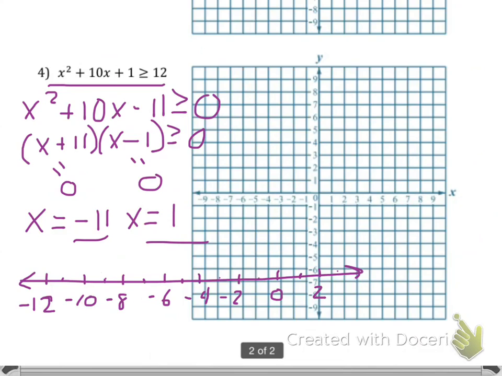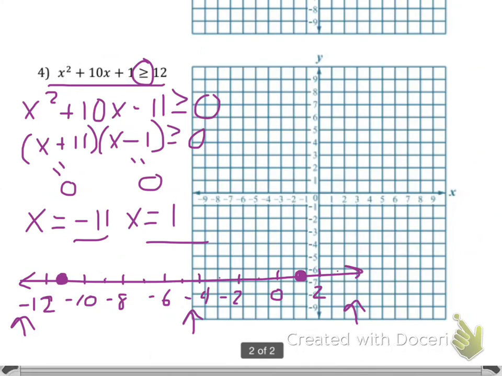Because it's a greater than or equal to, we want to put a closed dot at negative 11, and then a closed dot at positive 1, meaning we can include both of those numbers. Those are the numbers that solve this inequality. And then we need to figure out what other numbers solve the inequality. So we're going to pick a number in between these two numbers and then on either side of them, just to check, because those are our turning points.